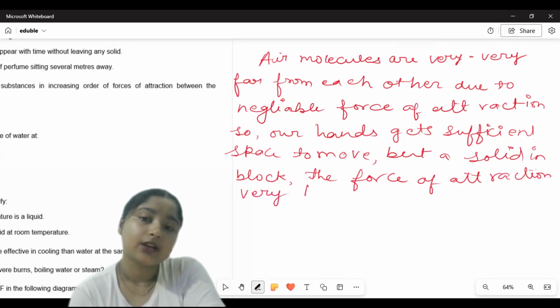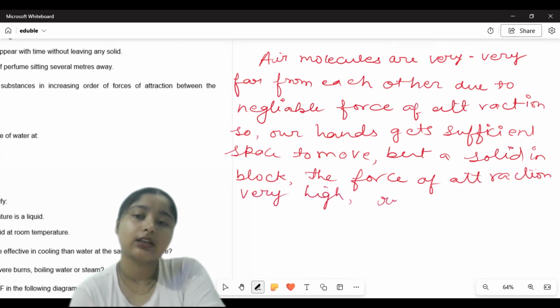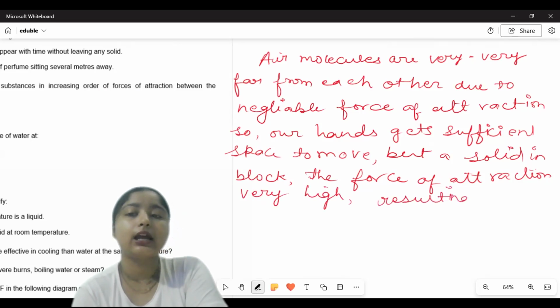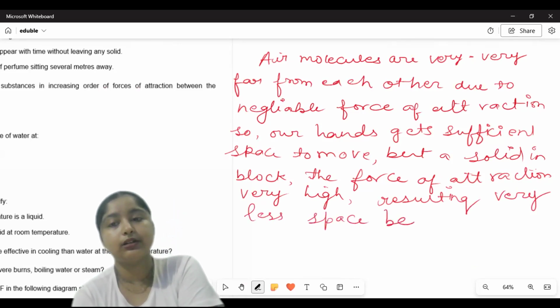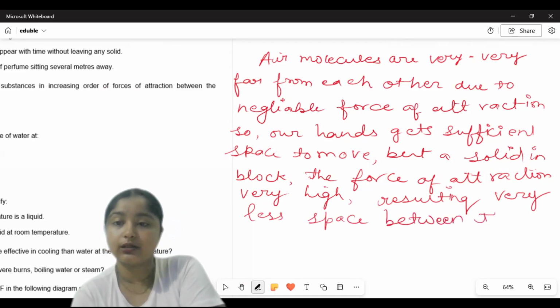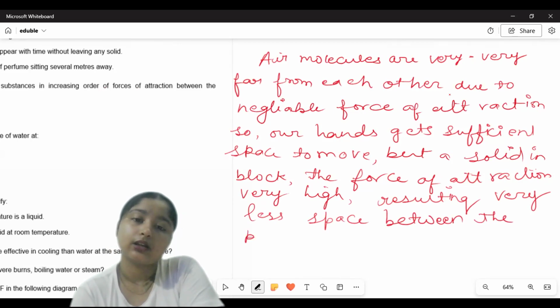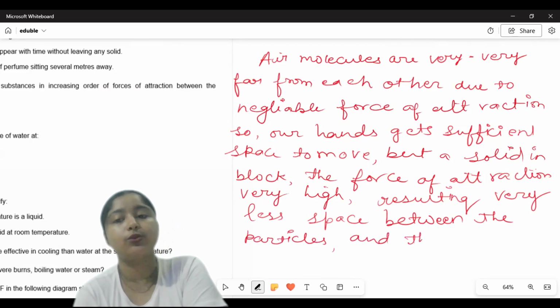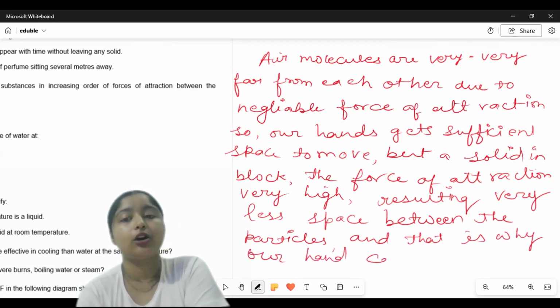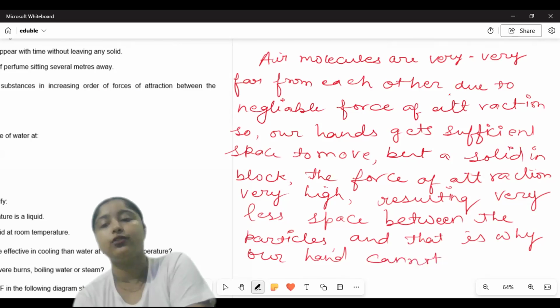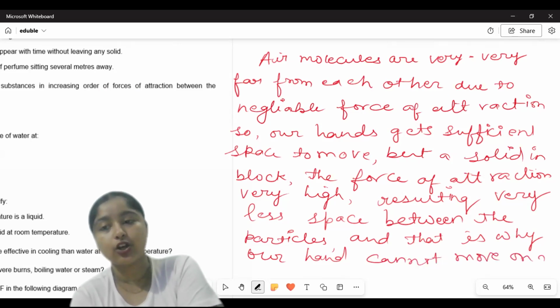Resulting in very less space between the particles, and that is why our hands cannot pass through, cannot move through a solid, right?